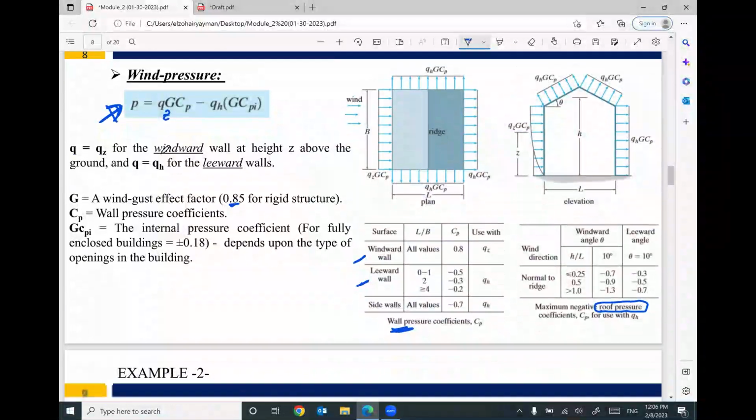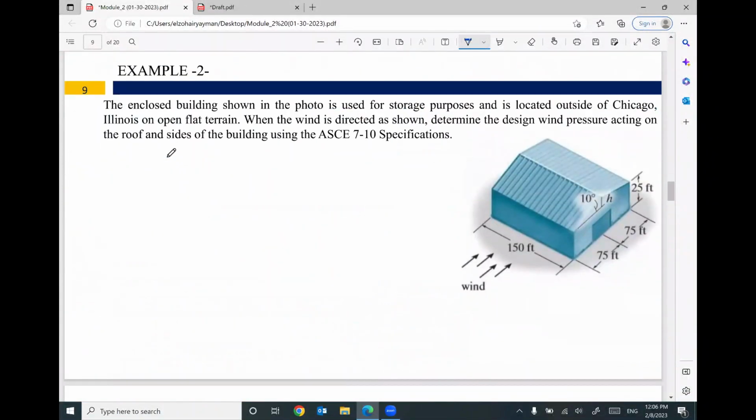We have an example here, and we started to solve this example last meeting. The wind direction is coming from here, and this side will be called the windward wall.